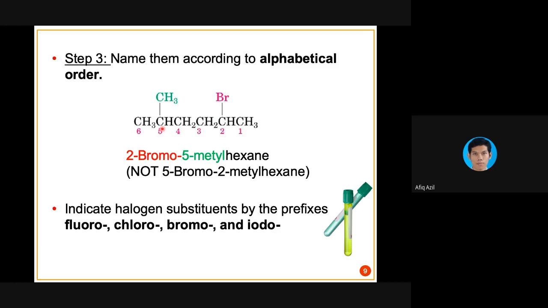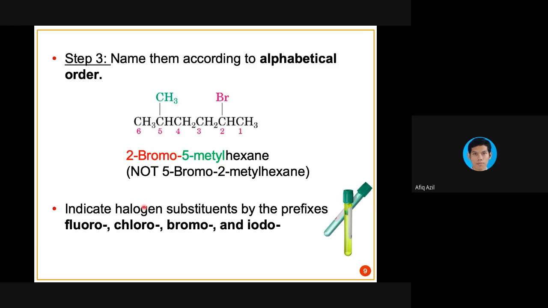Okay, but you must select them based on alphabetical order. So it will be 2 bromo, 5 methyl, not 5 bromo, 2 methyl. So this halogen will be prioritized. That means you will select it to have the lowest number first.